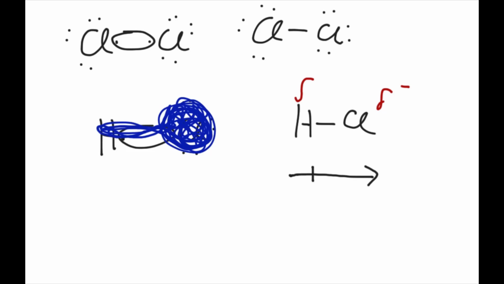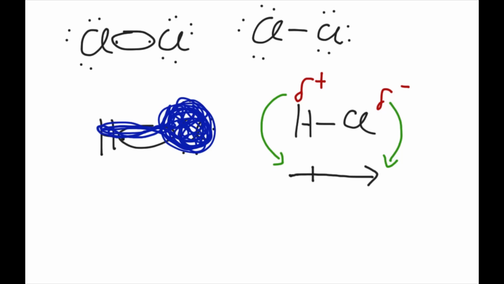Because the other side has fewer electrons most of the time, we call it a delta plus. The arrow points to the more negative side, and the line through it looks like a plus, denoting this side. This arrow is called a dipole or a dipole moment.